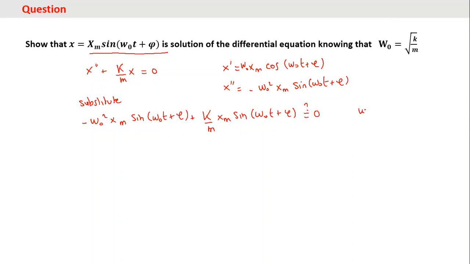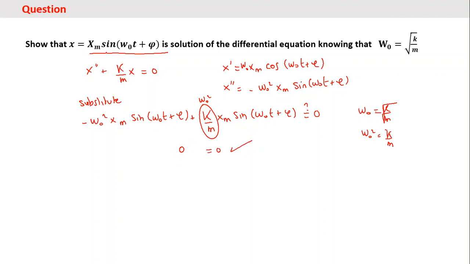We said that omega 0 is equal to radical k over m, which means omega 0 squared is equal to k over m. So here I can substitute k over m by omega 0 squared. We have minus omega 0 squared xm sine plus omega 0 squared xm sine, which is equal to 0. So 0 equals 0, then it's verified.